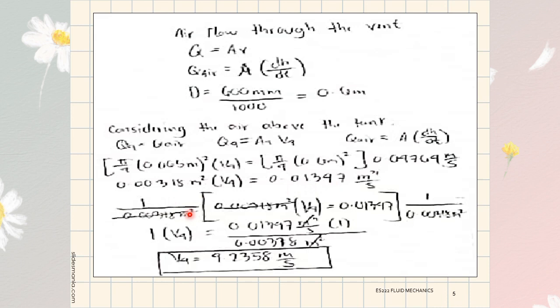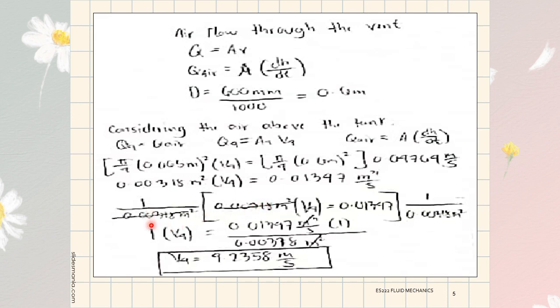To get the value of V4, we multiply 0.00318 square meters times V4 equals 0.01347 by 1 over 0.00318 square meters. Then cancel the same unit and write the remaining value.